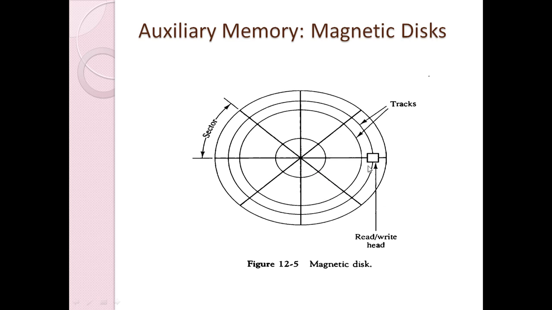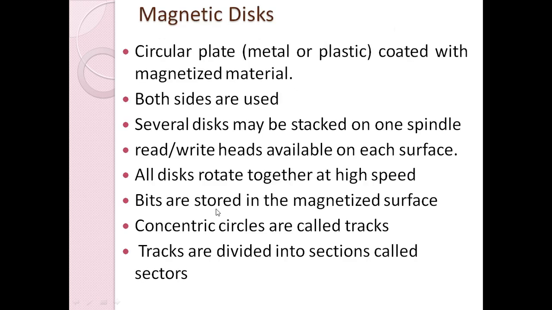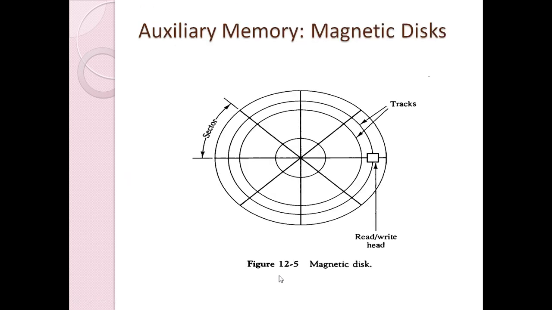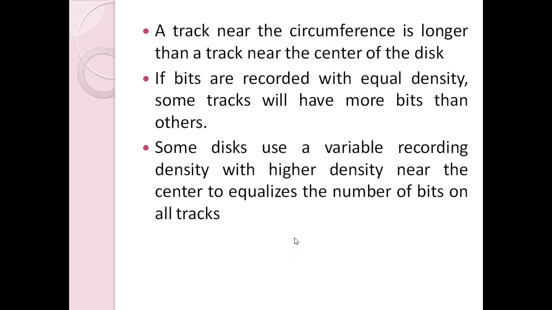This is the read write head. These concentric circles are called tracks. This is track 1, track 2, and so on. And tracks are further divided into sectors. So this is a diagrammatic view of a magnetic disk.